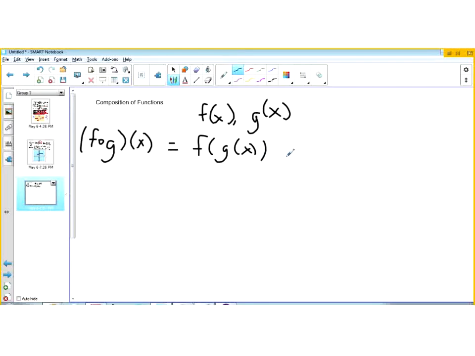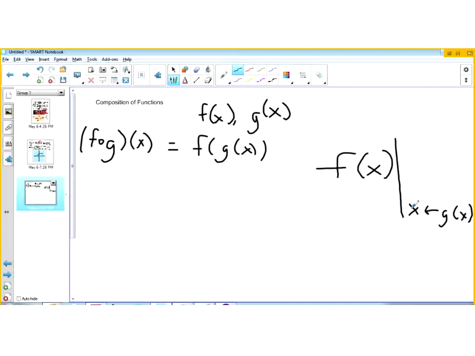The way we compose functions is we take the outer function, which in this case is f, take f of x, and then I'm going to draw this long vertical bar, called an evaluation bar, and then wherever we see x in f of x, just replace it with g of x. That's all it means. Nothing more, nothing less.